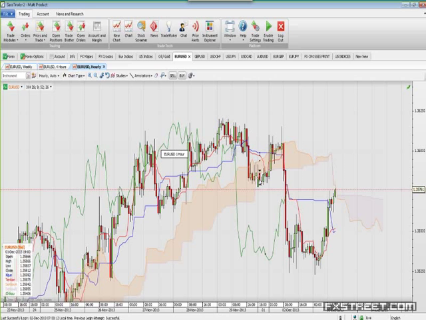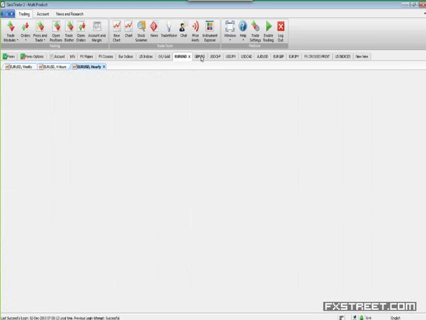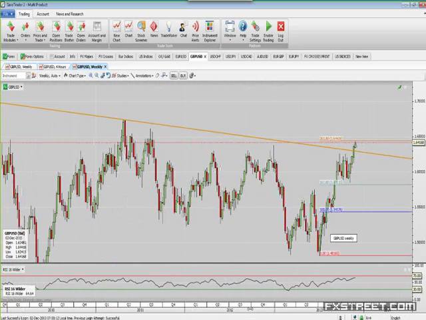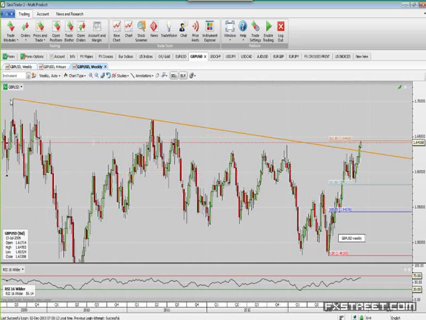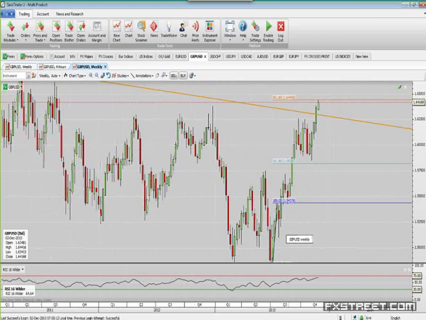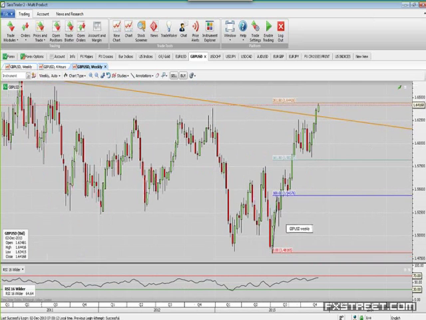Okay. So I'm just going to quickly go through the other major currency pairs. So here we've got a monthly trend. We have broken this trend to the upside, but we've got a 261.8% extension level in cable, which is holding at the moment.